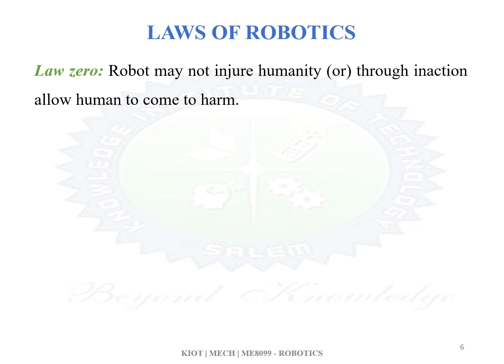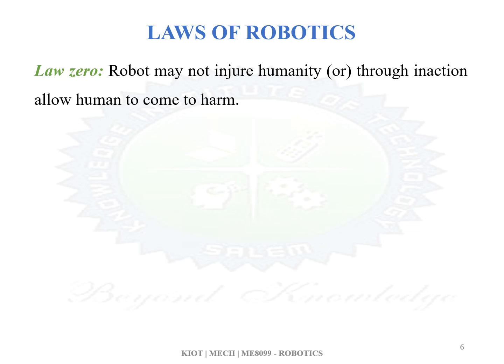That is where we use robots mainly in industry. So a robot should not injure a human in any case, or through inaction. Inaction means when the robots are idle. Even when the robots are idle, they should not allow a human to come to harm.